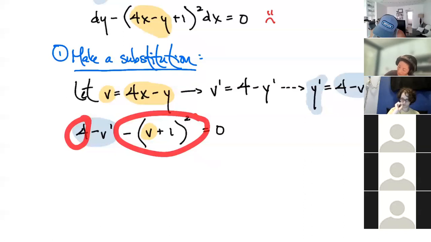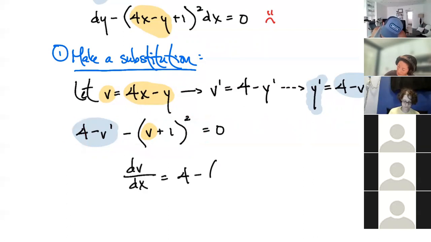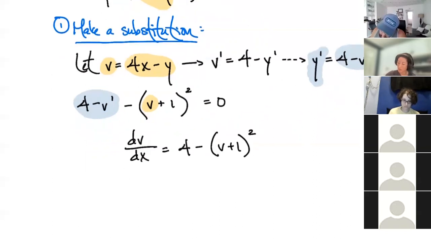And in fact, I'll write dv dx equals 4 minus (v plus 1) squared. All right. This is a great chance to double check and just make sure you haven't made any sign mistakes. But I think we're good.